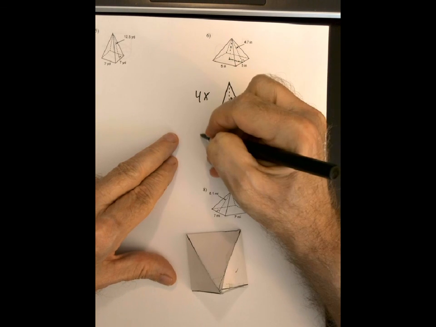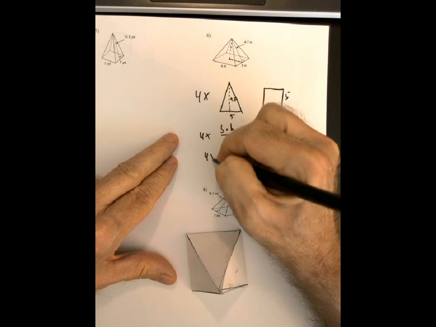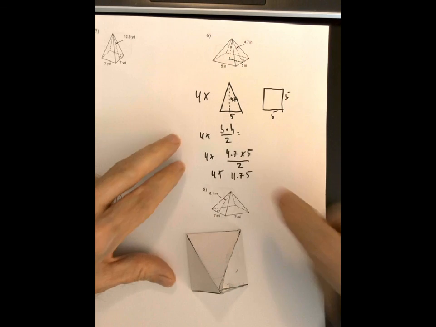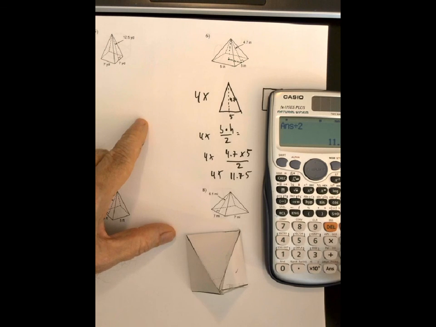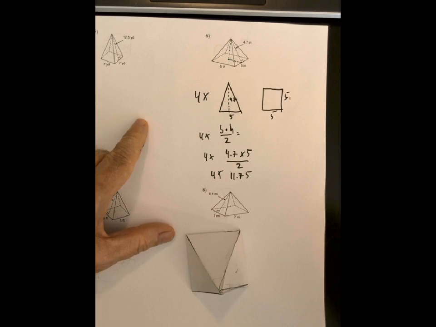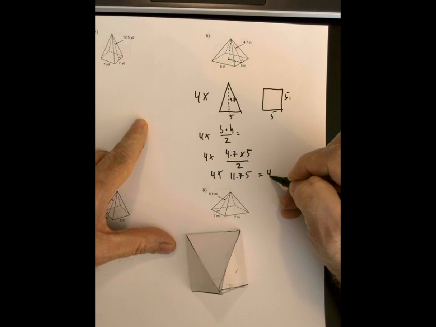And then, because remember there are 4 sides of that same area, we multiply that 11.75 times 4, which works out to be 47.